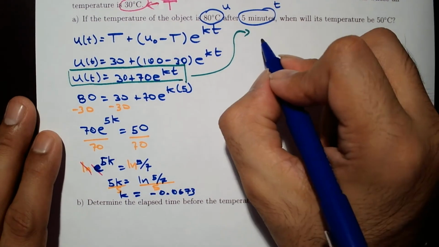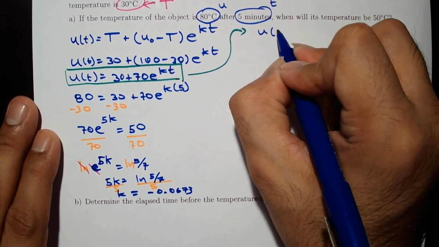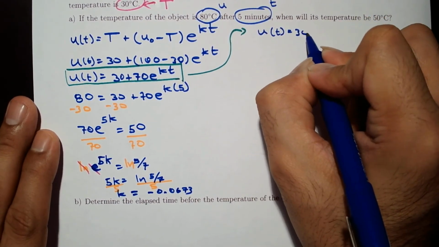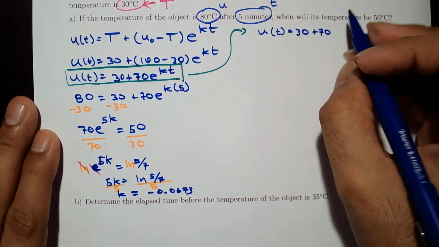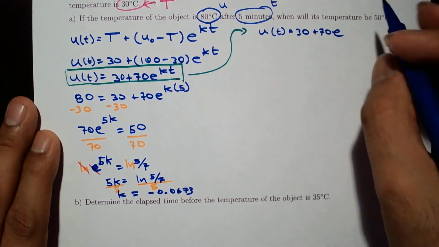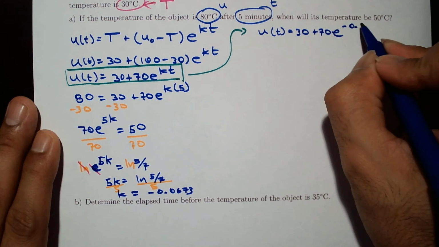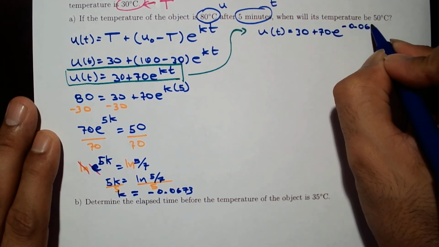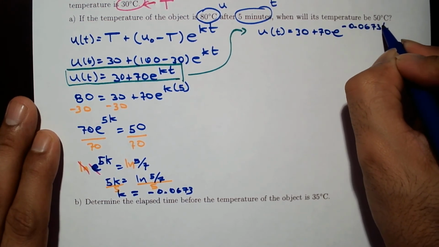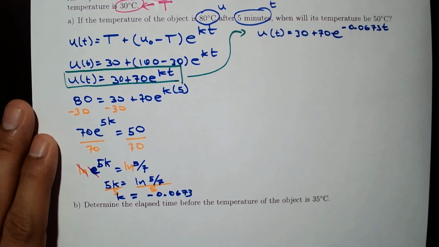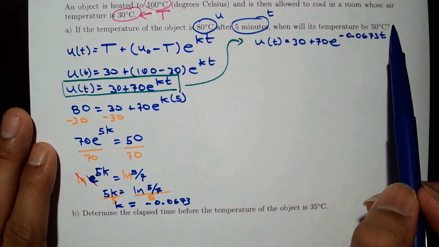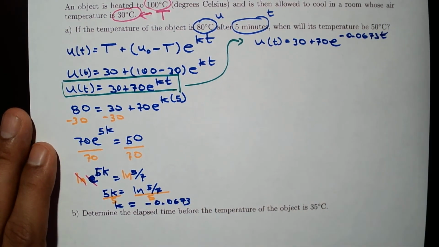All right, so now U of t equals 30 plus 70 e to the k, which is negative 0.0673 t. Now they're asking us when will the temperature be 50.